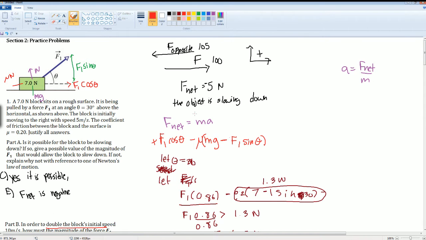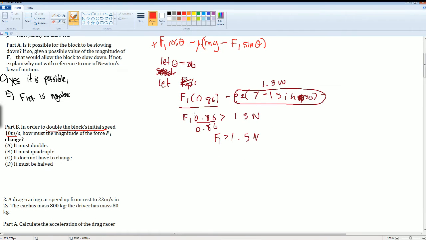So here you have the initial velocity, VI, as 5 meters per second. Now you want VF to be 10 meters per second. What you want to do is add a force here. First of all, this hurts my brain.